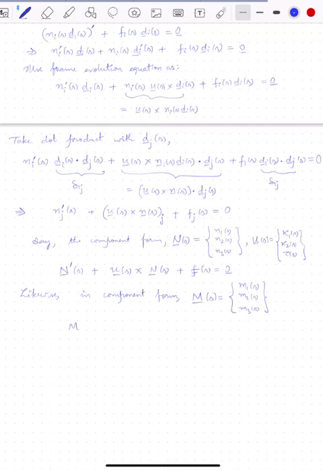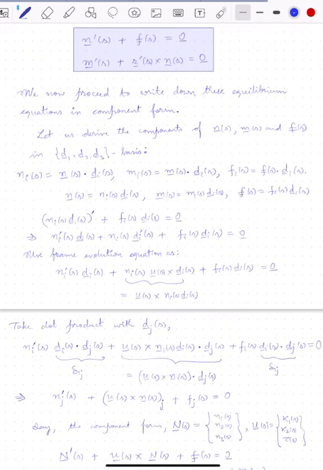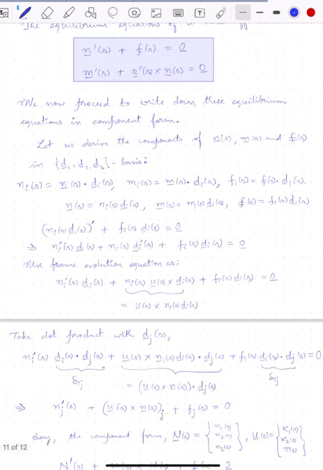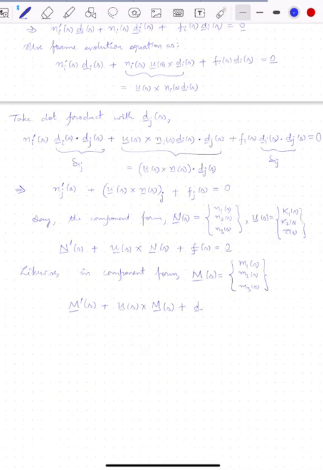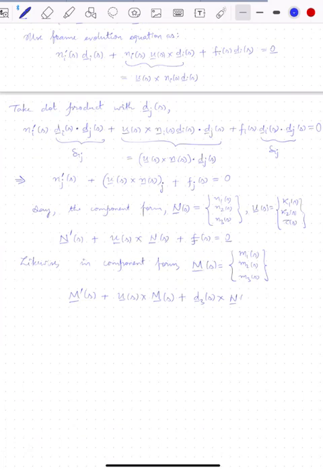So therefore we have m prime of s plus r cross r prime of s, as we recall, and this one will be again u of s cross m vector, plus, as we recall r prime is just d3, so we'll have d3 vector of s cross n vector of s, and this is equal to 0 vector. So these are the equations in component form.